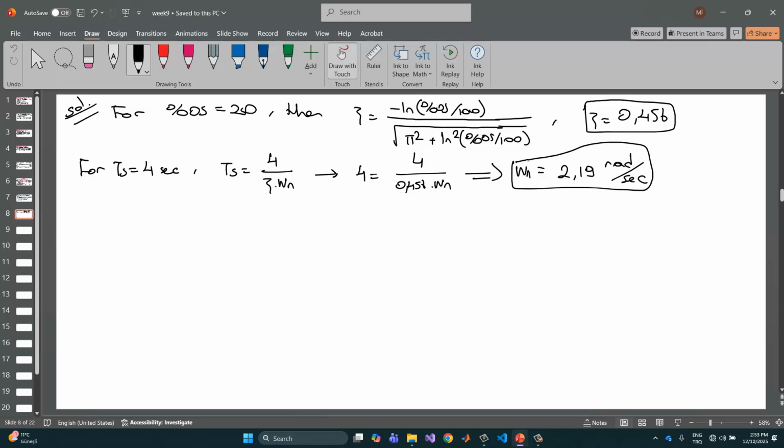So, what's the desired system in here? The desired system for root placement.